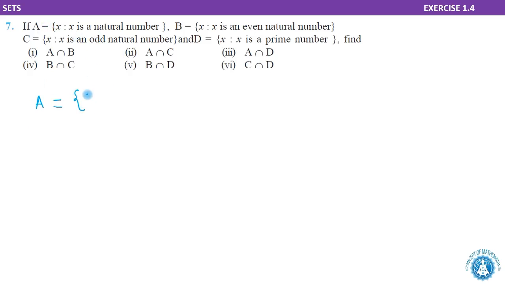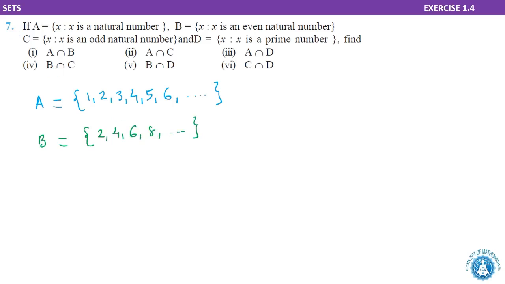It is the natural numbers 1, 2, 3, 4, 5, 6 and so on. And set B is equal to the even natural numbers, so 2, 4, 6, 8 and so on.